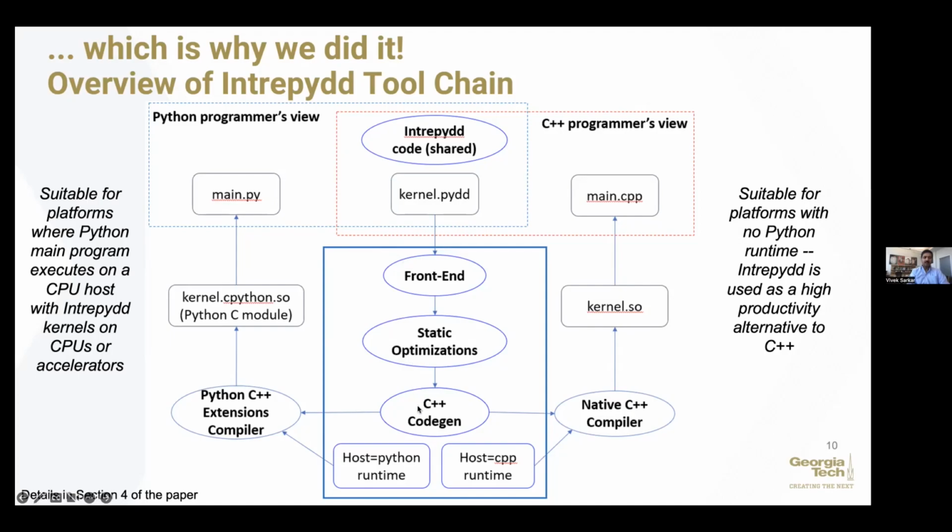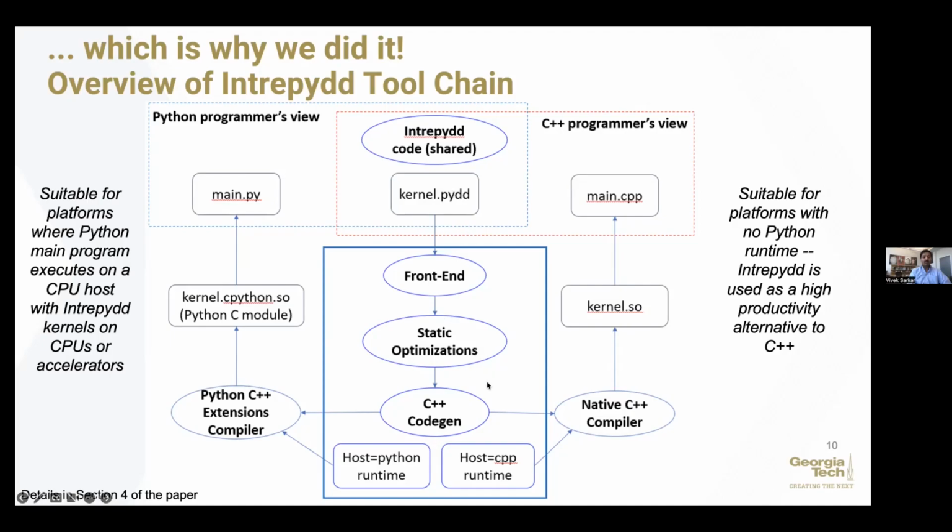And the first piece of work I'm going to share, we actually generated C++ code that could be run in two ways. It could be run in what we call the host equals Python mode, where you still have a main Python program and certain functions have been converted to C++, so you can load them as Python C modules and just call them directly.